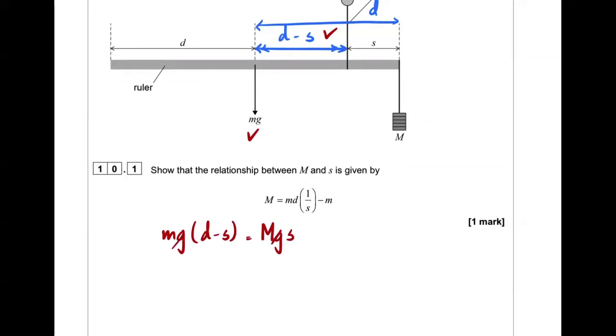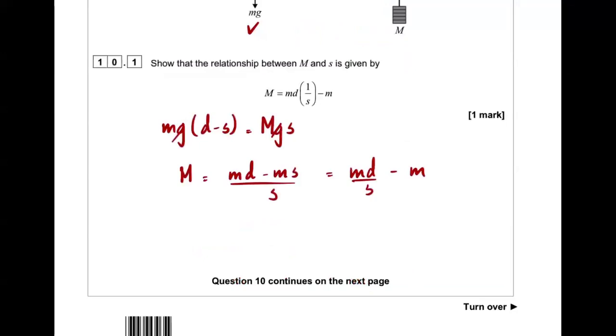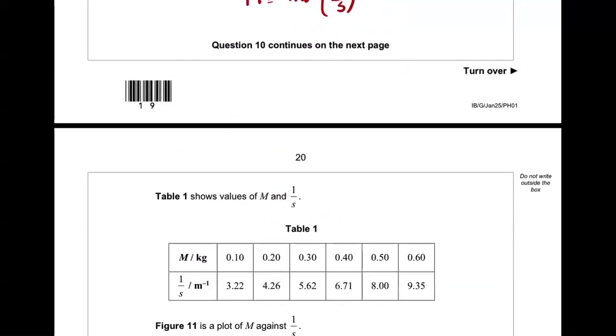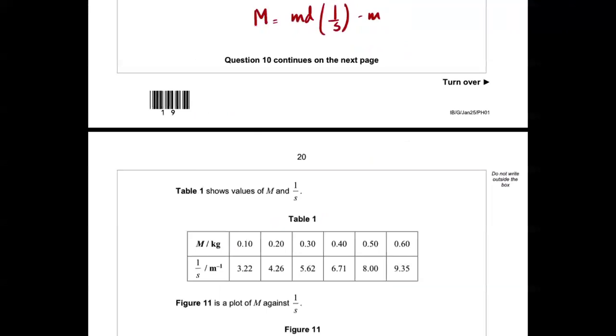I need m as the subject of the equation. That becomes md minus ms over s. So I can write this as md over s minus ms over s. Both of these cancel out. And finally, I can write it like this: m equals md times 1 over s minus m. Table 1 shows values of m and 1 over s.